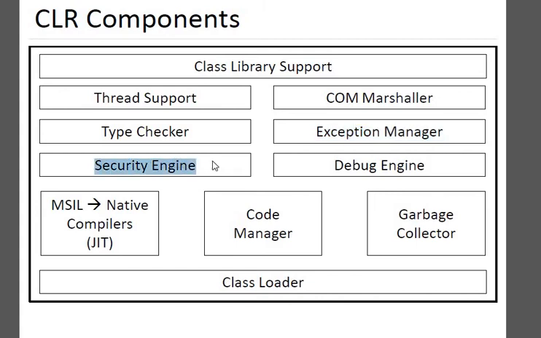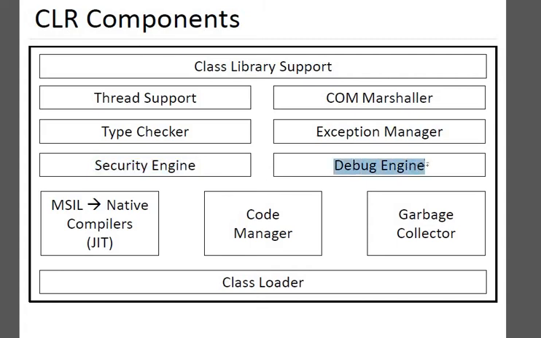Then after, the security engine. The security engine in the CLR handles the security permissions at various levels such as code level, folder level, and machine level. This is done using the various tools that are provided in the .NET Framework.